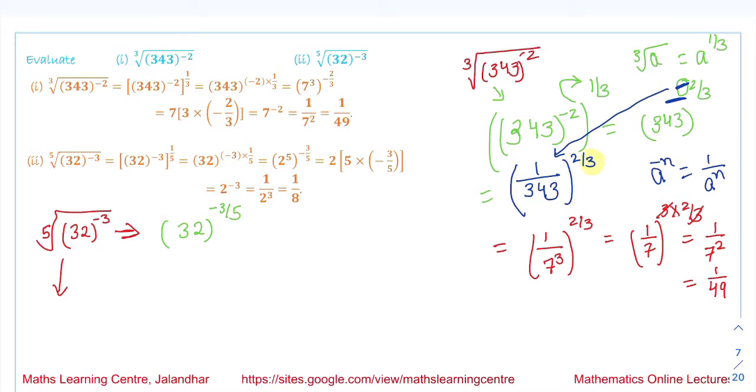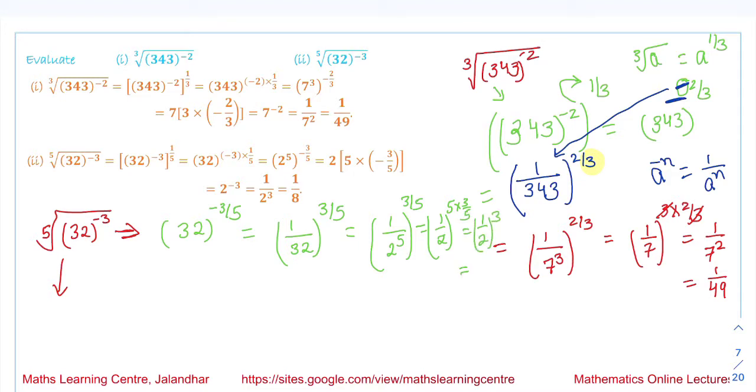We are getting the answer in this form. This is equal to 1 by 32 raised to the power 3 by 5, which is equal to 1 by (2 raised to the power 5) raised to the power 3 by 5. This is equal to 1 by 2 raised to the power 5 into 3 by 5. The answer is 1 by 2 raised to the power 3. So the final answer is 1 by 8.